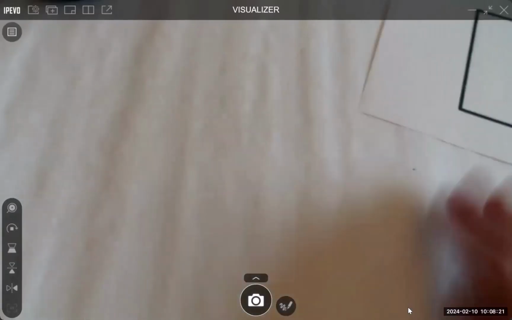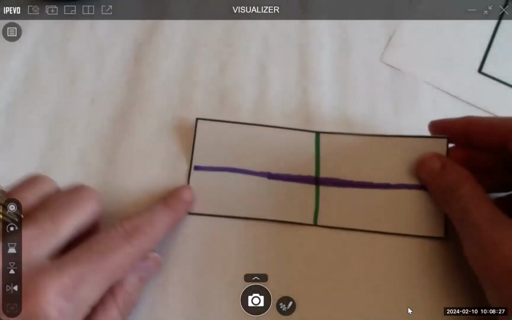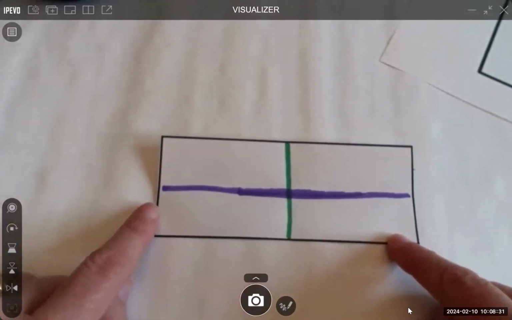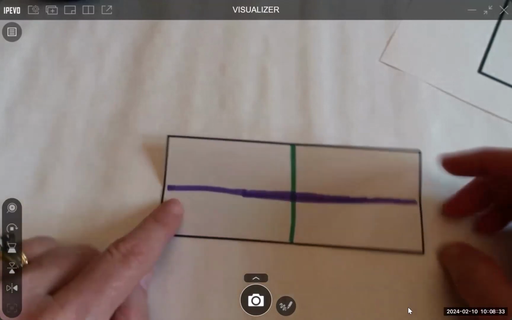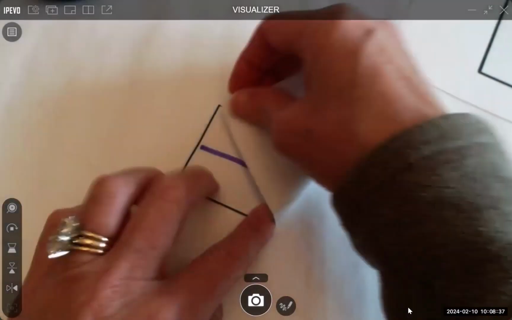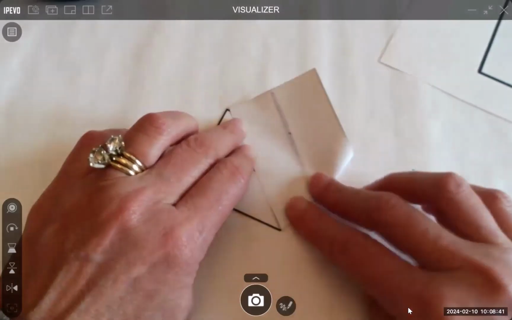I did want to mention, before we get into using our Geo-Mirror with these shapes, I want to go back and show you with our folding that your students should experience folding on the diagonal as well, trying to fold from vertice to vertice to determine if there is a line of symmetry this way.